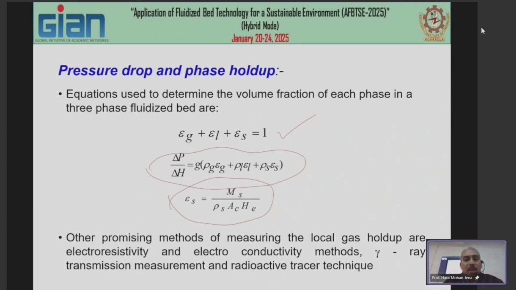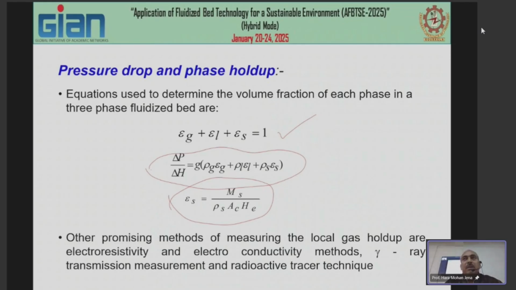Other promising methods for measuring the local gas hold-up are electroresistivity and electroconductivity methods, gamma ray transmission measurement and a radioactive tracer technique. Some of the techniques are invasive in nature, and some are non-invasive. So what is invasive?